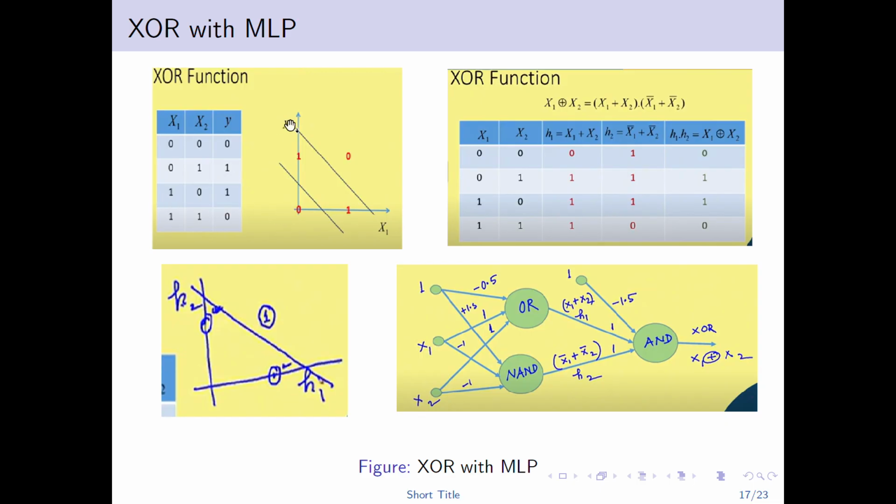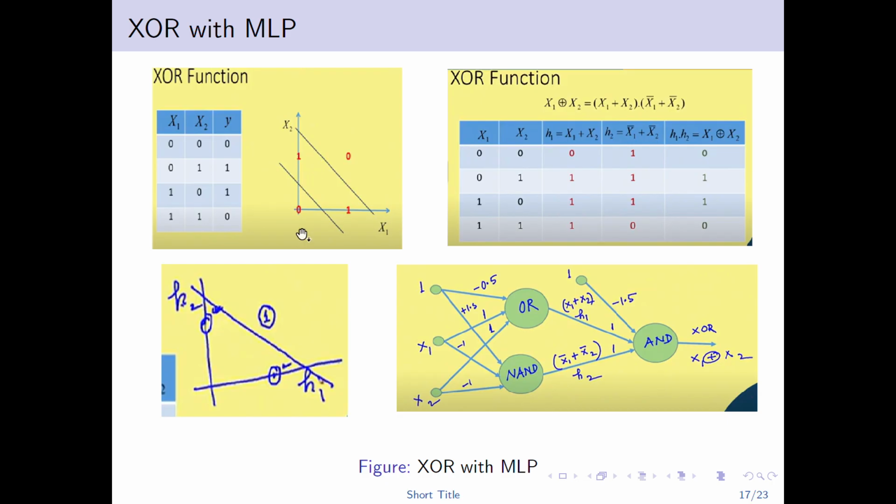Now we are plotting this in a two-dimensional space. The output is plotted against x1 and x2. When x1 and x2 are both 0, the output is 0 here. When x1 is 0 and x2 is 1, we have an output of 1.